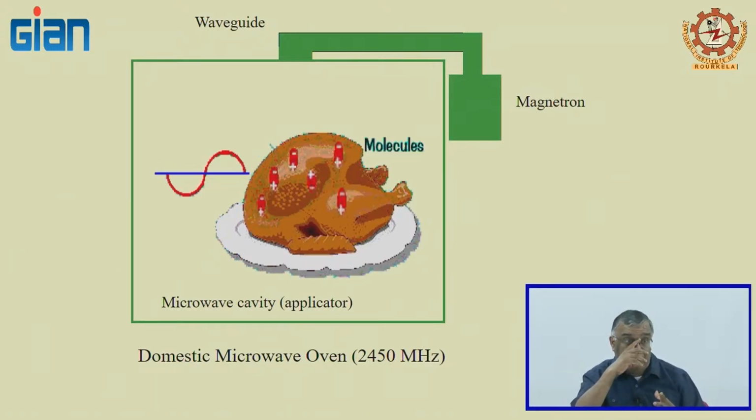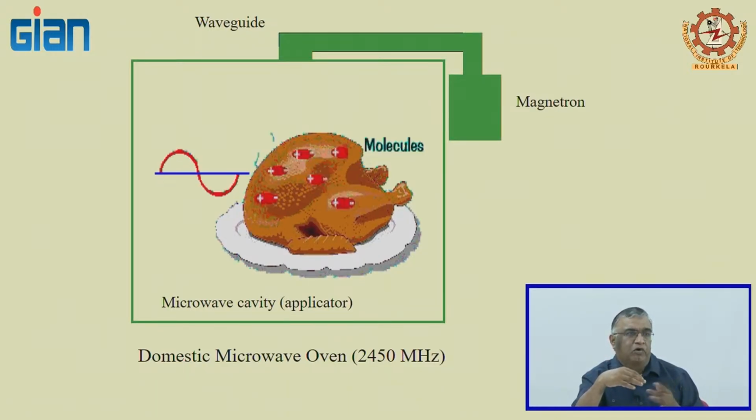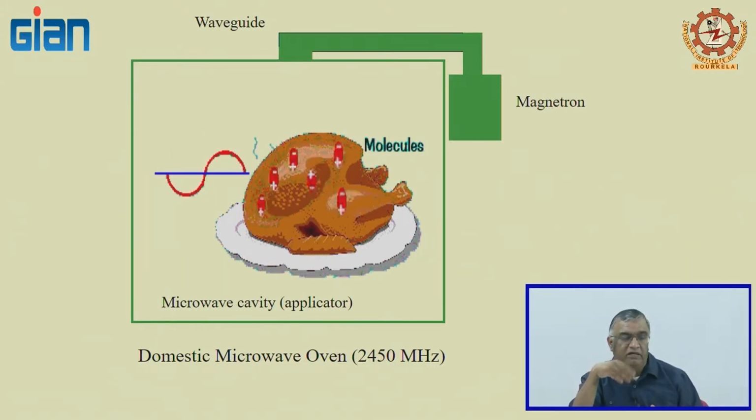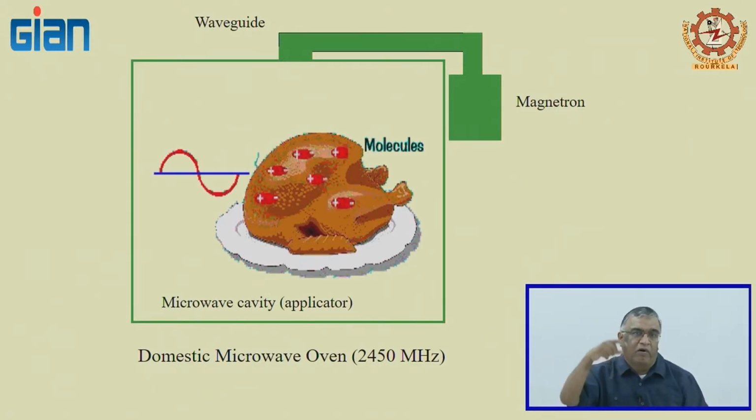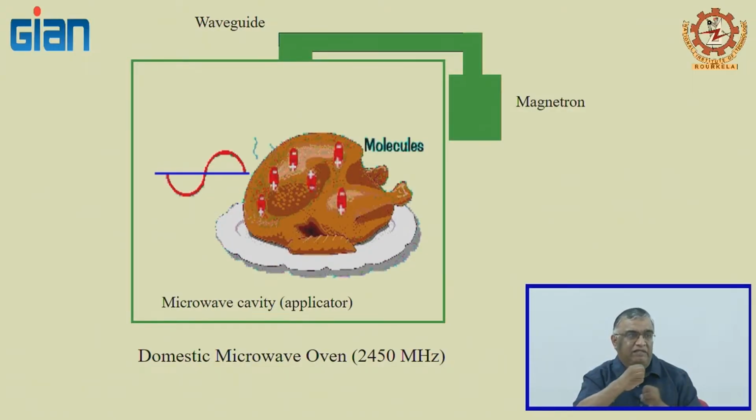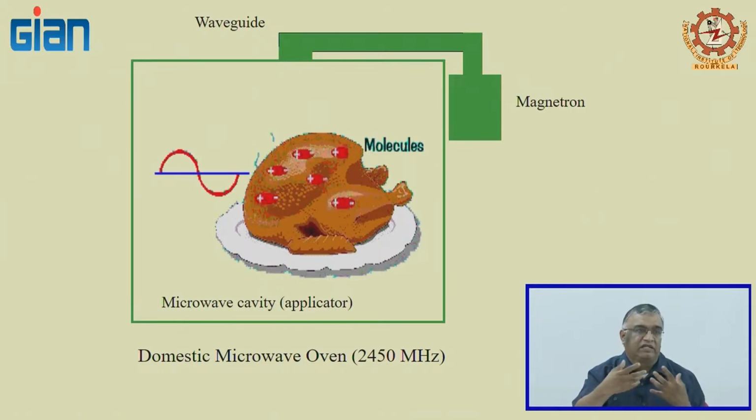Hertz is 1 over second, so megahertz is 10^6 per second. So the field is moving up and down very rapidly. The water molecules try to follow that frequency, and also move up and down. When they move up and down, they collide with adjacent molecules, creating friction, and that results in a temperature increase. That is how the microwave heats.